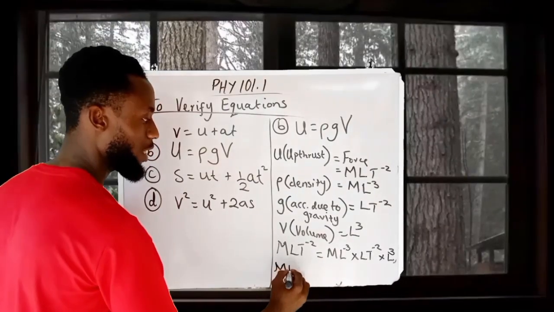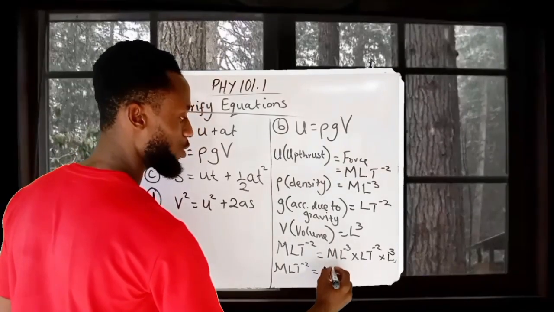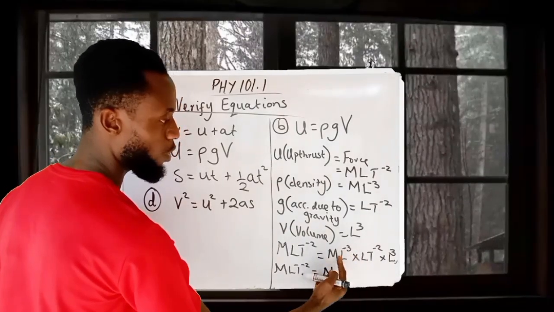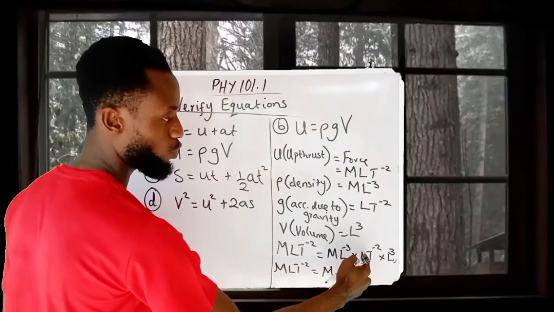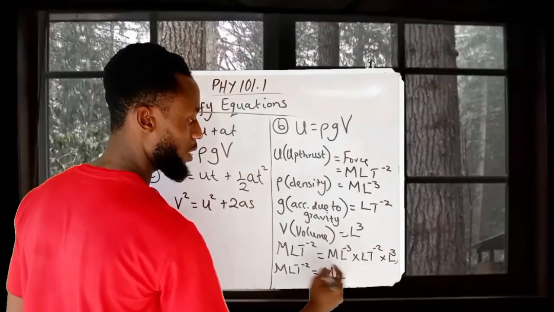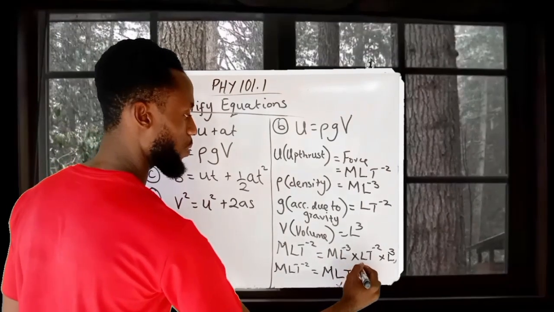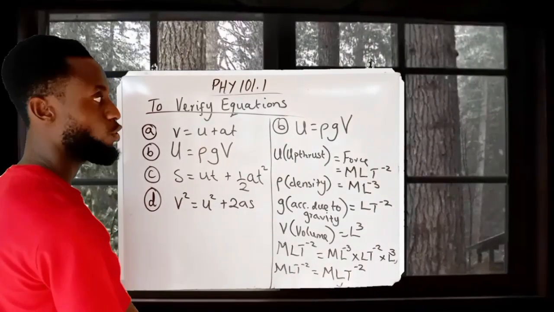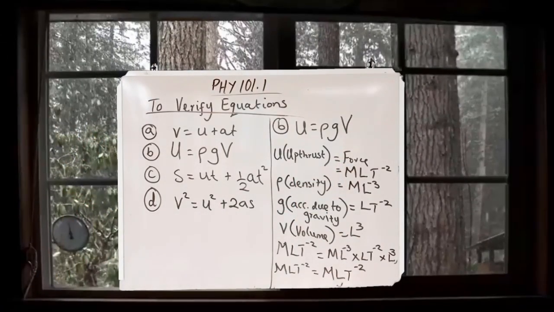On the left we have MLT^-2. Now mass has nothing else there, so that's just mass. For L, minus 3 plus 1 is minus 2. Minus 2 plus 3 is now plus 1. So L to the power of 1, no need to write it. Then T was just minus 2. You see once more, everything on the left equals everything on the right. So this equation once more has been proven correct, dimensionally speaking.